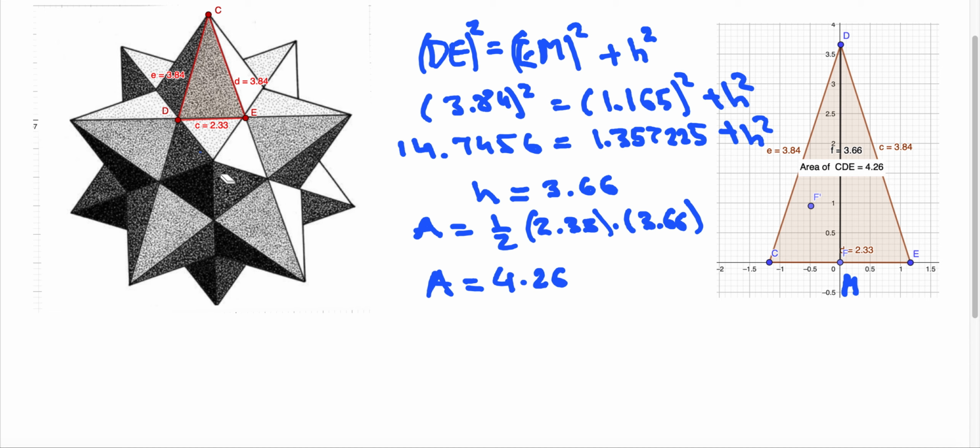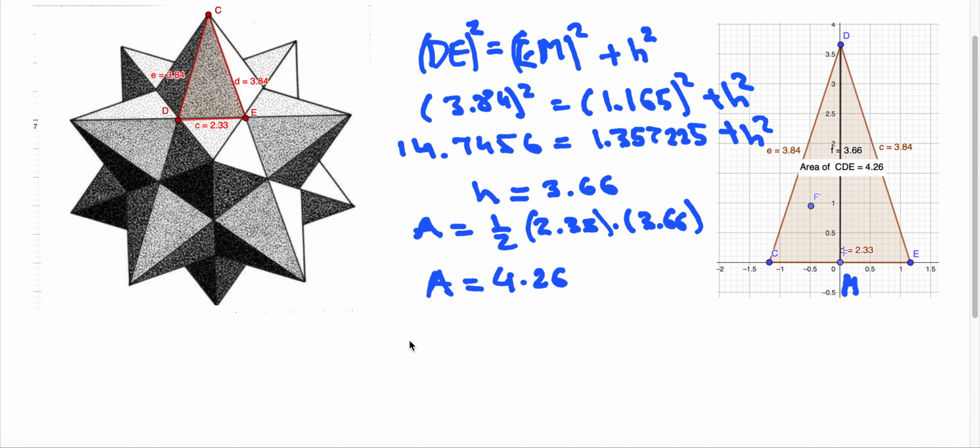But as we see here, one pentagon has five triangles, and the dodecahedron has 12 faces, so it has 12 pentagons.